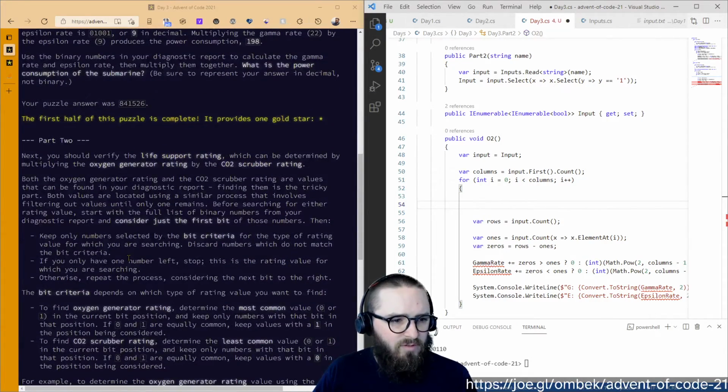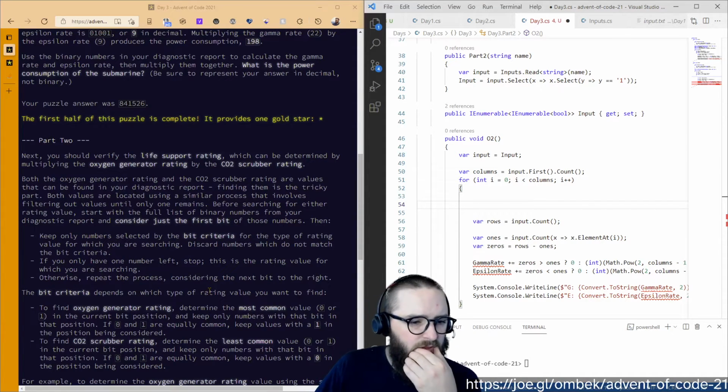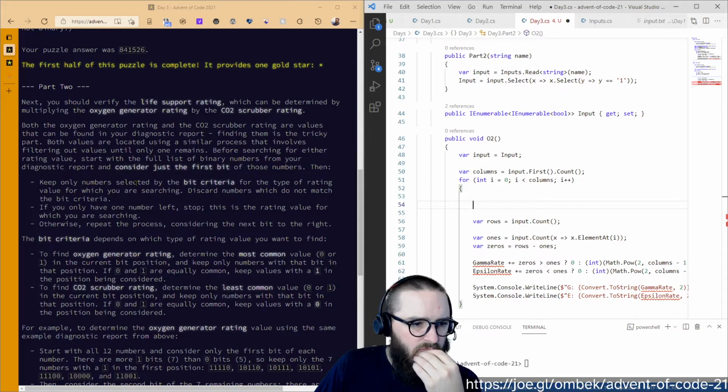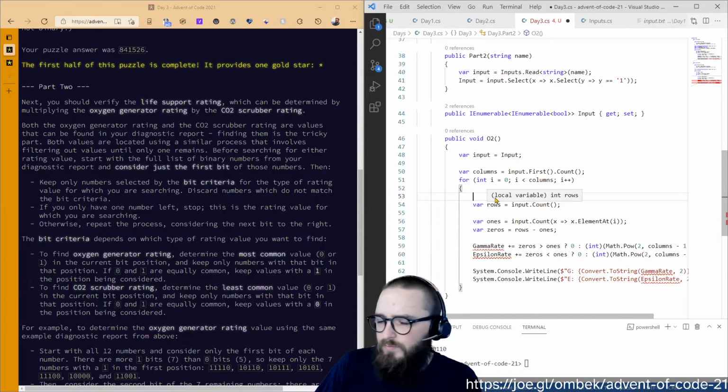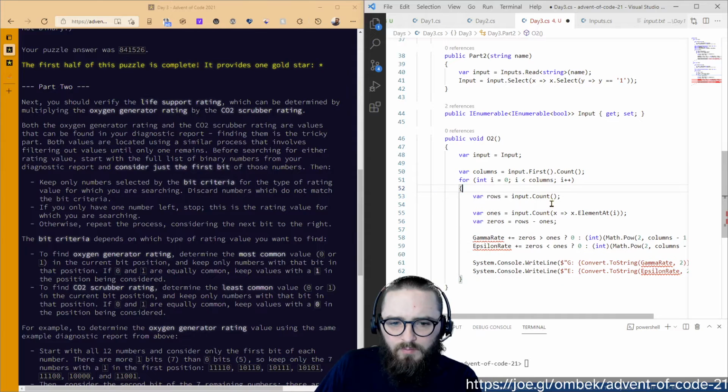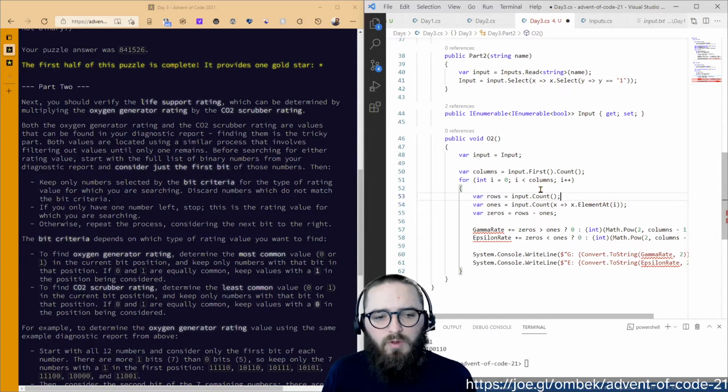Part 2. Bit criteria, most common value, only keep numbers with that bit. So I still need the most common one. Yeah, okay, cool. So the number of rows is going to change for each for loop. Okay, so that's still fine.